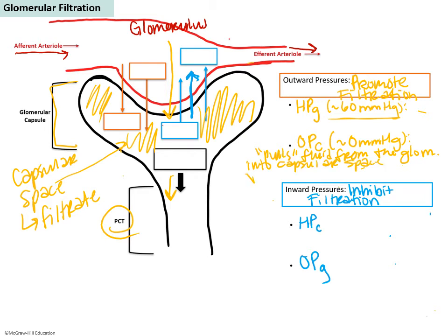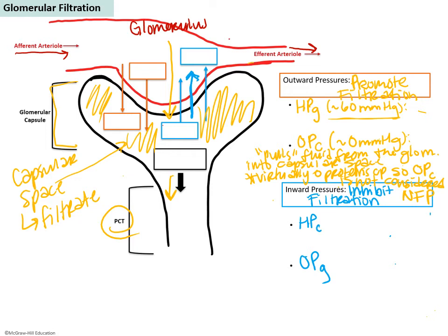However, there's virtually 0 proteins. I'm going to write capsular space as CP. So this colloid osmotic pressure of the capsular space is not considered in our net filtration pressure, or NFP.